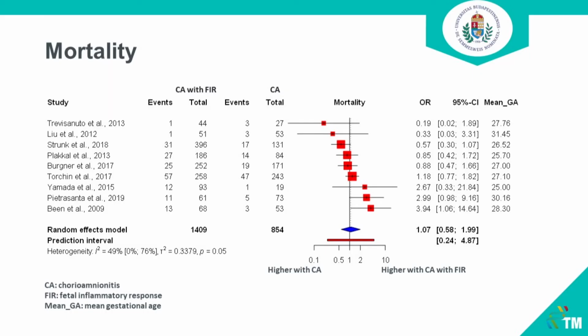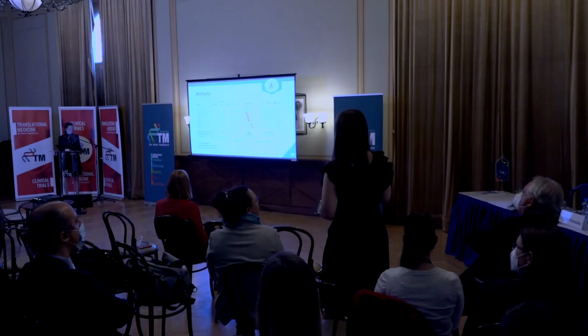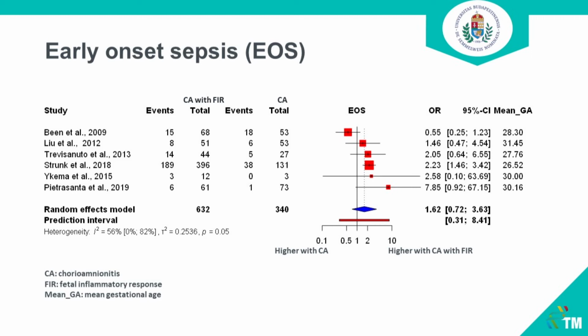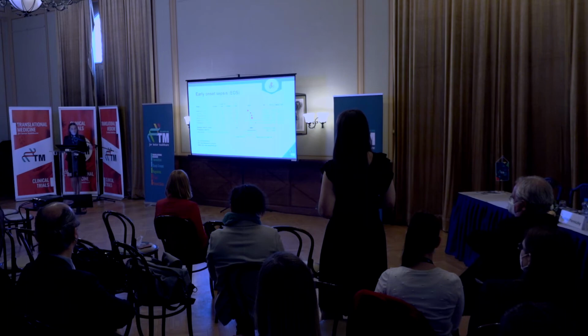But there are follow-up studies which I had to omit because they reported mortality at 2 years. It was different. And for example, in case of sepsis, both early and late onset sepsis, I met this problem that they reported it with a specific time frame, like 72 hours, but they had a different definition for sepsis itself.